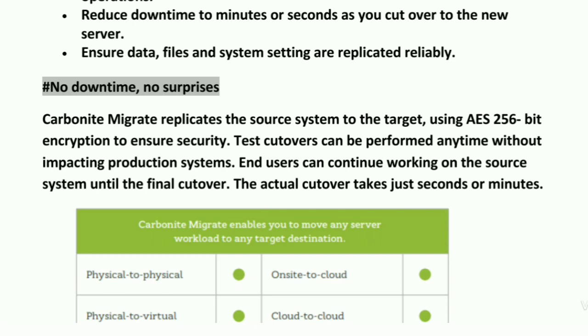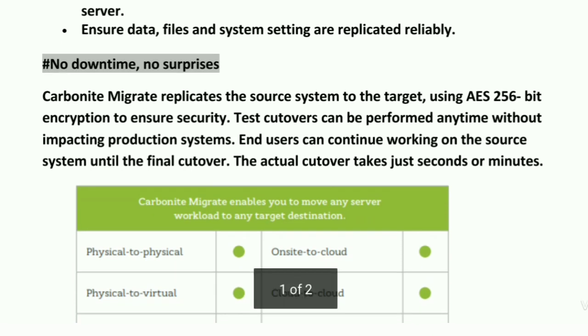Carbonite Migrate replicates the source system to the target using AES 256-bit encryption to ensure security, which is a very good thing, especially in terms of data security. Cutovers can be performed anytime without impacting the production systems, and users can continue working on the source system until the final cutover.